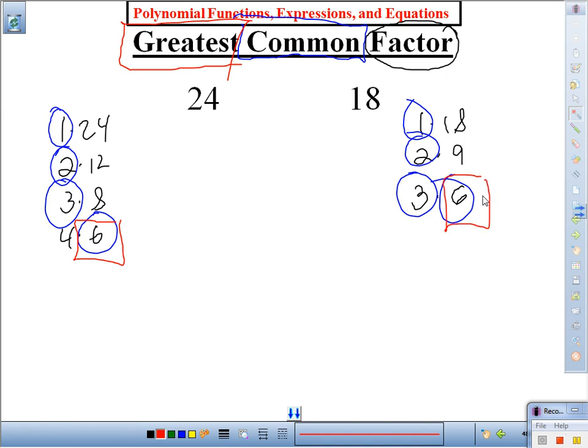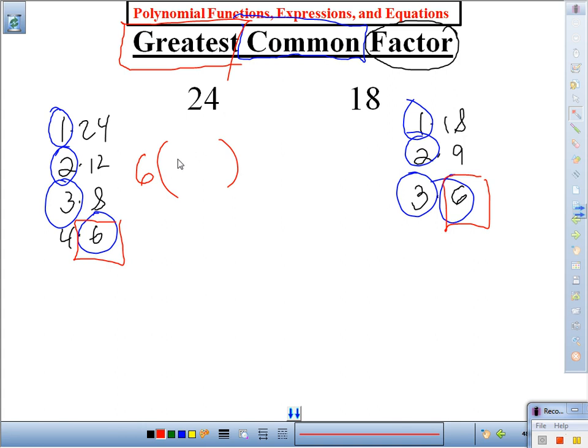Okay, so now what do we do with the greatest common factor? We use it to find the other factor. Or in other words, we use a different term called factoring. What does the word factoring mean? It means dividing. So I'm going to use the GCF, the greatest common factor. That's one factor.